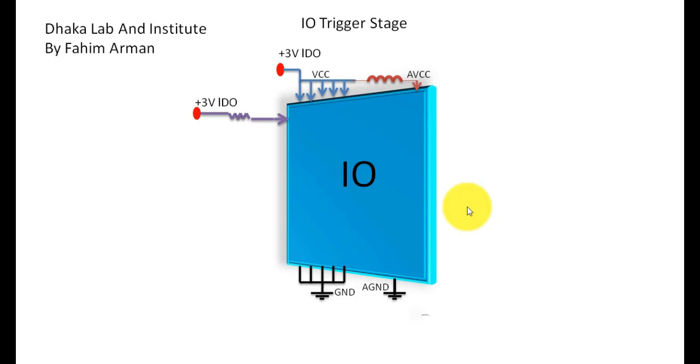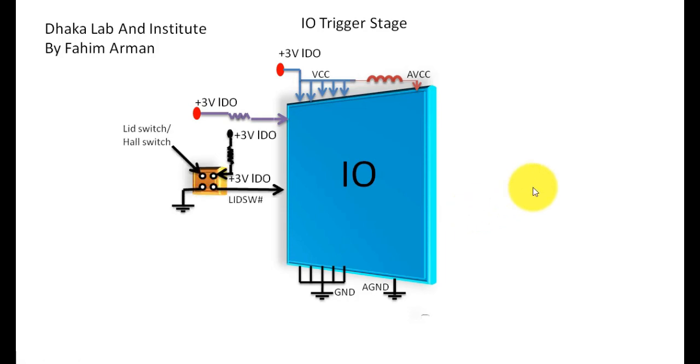and there will be another voltage that will enter into the IO chip, named plus 3 volt LDO, and this voltage will enter into the IO chip by a pull-up resistor, and we can see there is another function, that is the lid switch or hold switch.